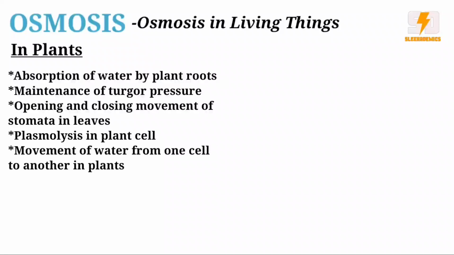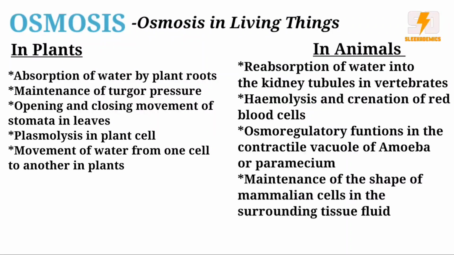Some examples of osmosis in animals include reabsorption of water into the kidney tubules in vertebrates, haemolysis and crenation of red blood cells, osmoregulatory functions in the contractile vacuoles of amoeba or paramecium, and maintenance of the shape of mammalian cells in the surrounding tissue fluid.